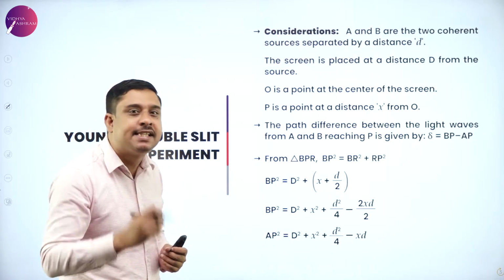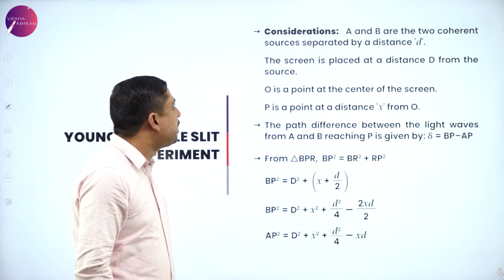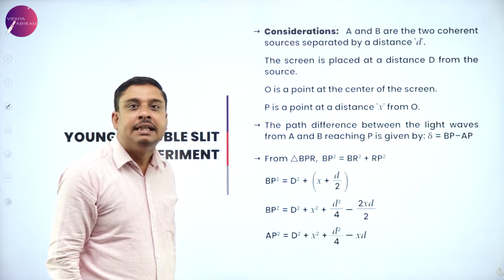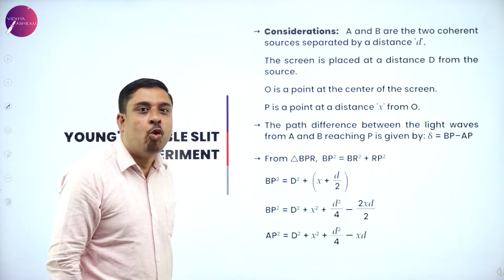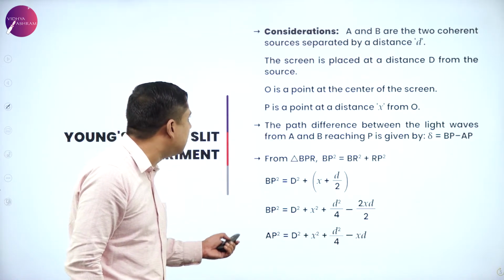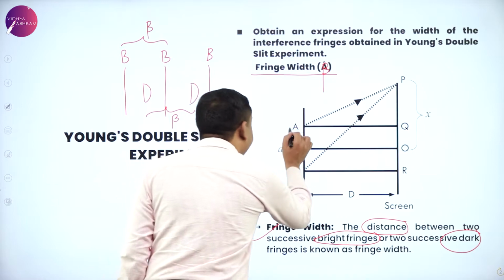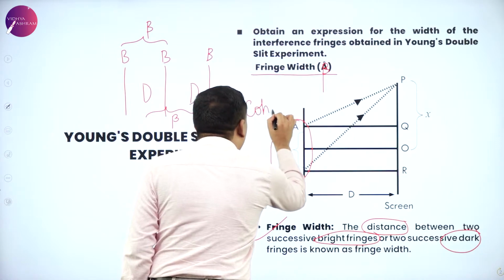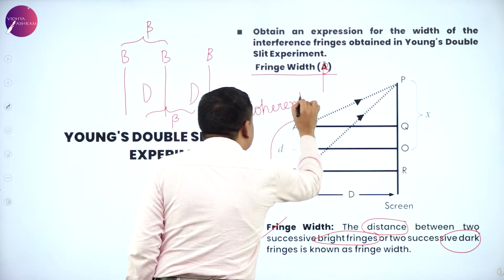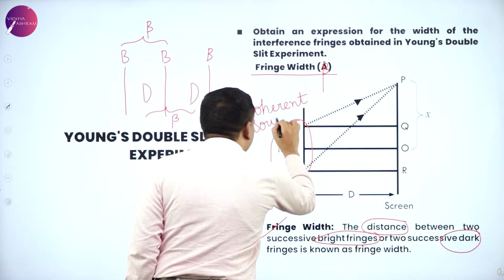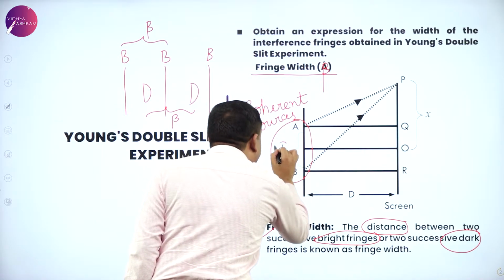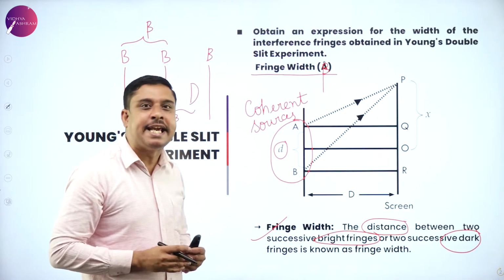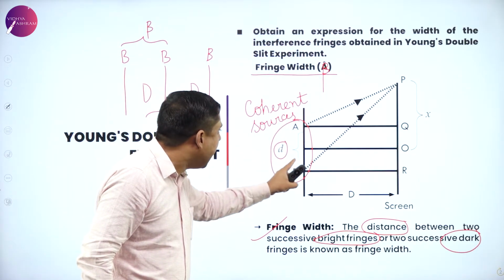Now let us go to the considerations. We told that to get an interference pattern, there have to be two coherent sources. So here, A and B are the two coherent sources, separated by a distance small d.